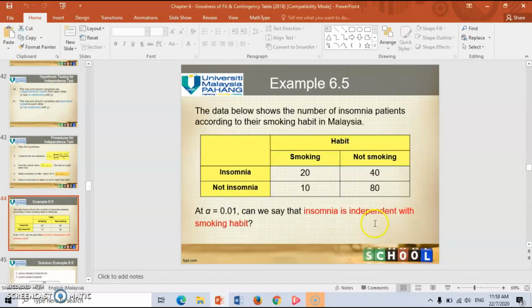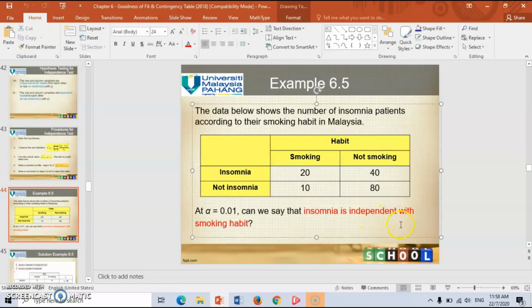Or maybe you have, not related, also an independence test. Or you have, can we say that there is no relationship between insomnia and smoking habit? Also an independence test.